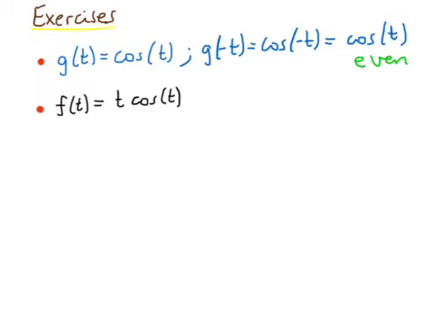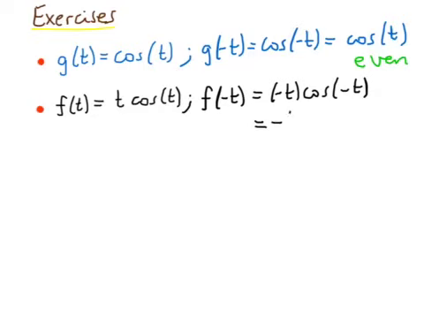For our second case, where we are looking at a function t multiplied by the cosine of t, we see that our function evaluated at minus t is going to be minus t multiplied by the cosine of minus t.